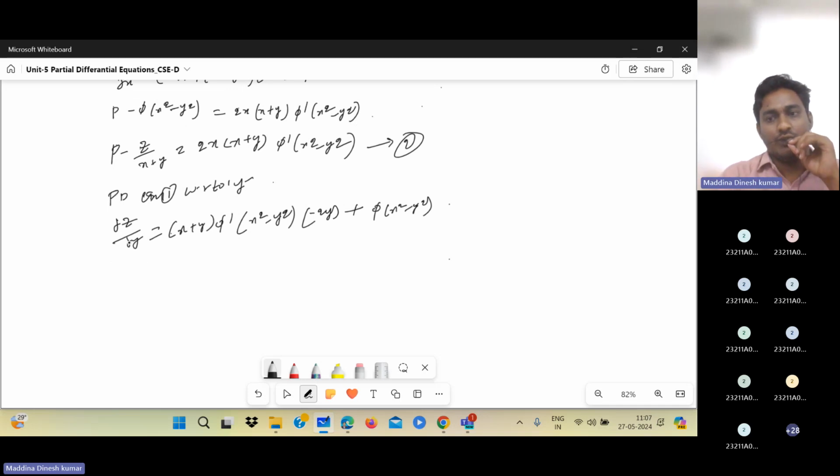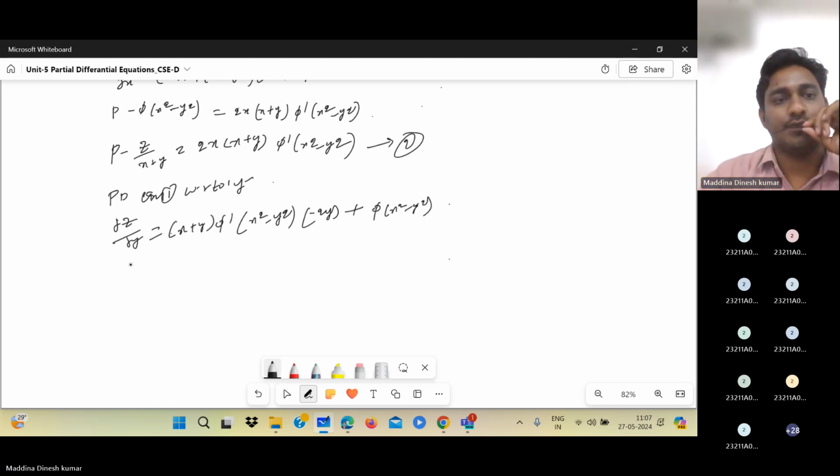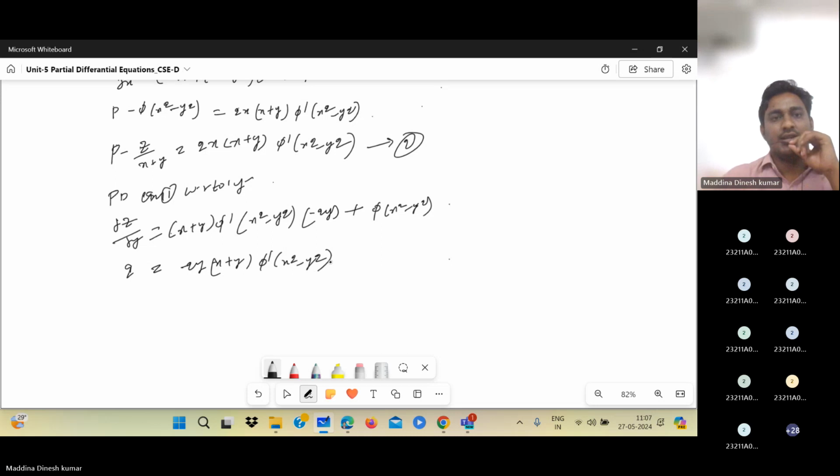In place of dou z by dou y, you can write q, minus 2y into x plus y pi dash of x square minus y square. In place of pi, you can write z by x plus y from equation 1. Okay.